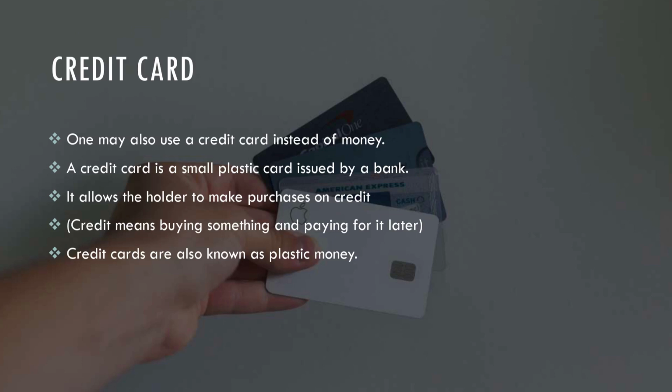Credit means buying something and paying for it later. Wow, that's great. Buying something first and then paying for it later. Credit cards are also known as plastic money.